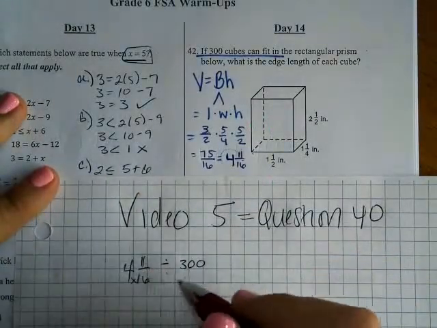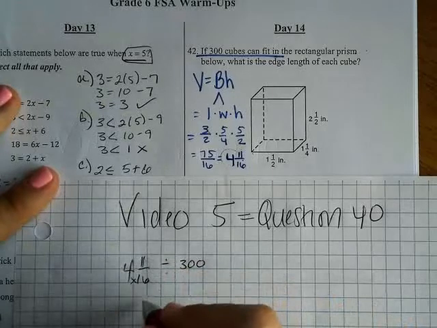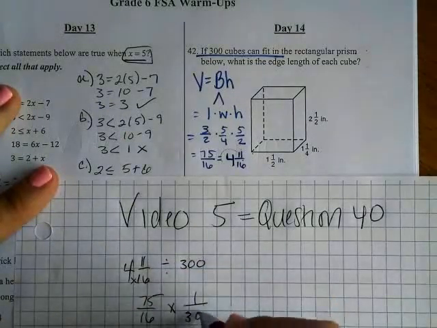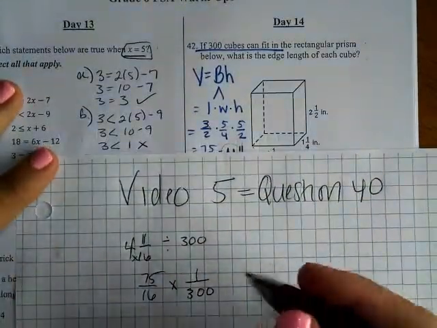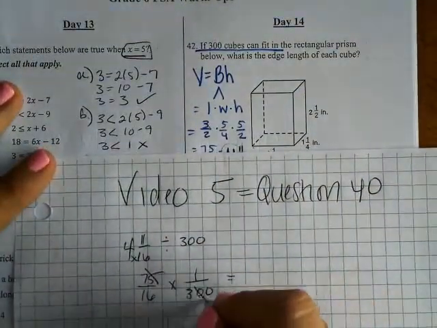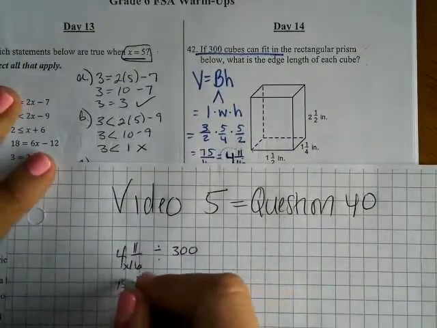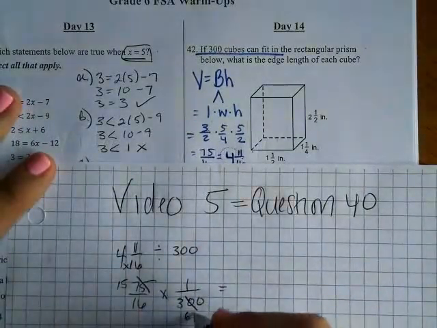Okay, 4 times 16 is 64, plus 11 is 75 over 16 times 1 over 300. So, cancel these out. You have divided by 5 makes this 15. Divide this by 5 makes this 60.